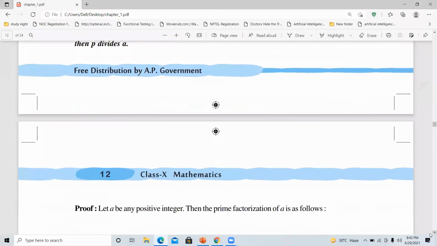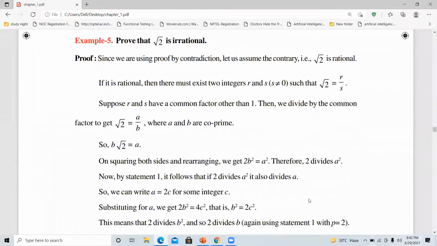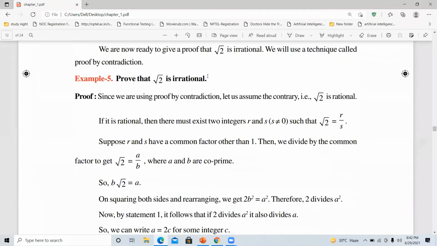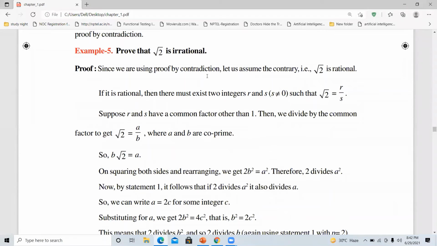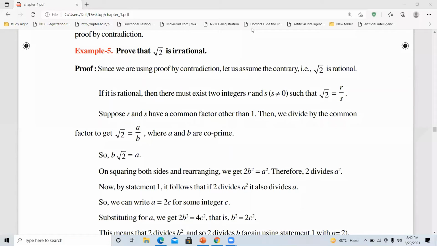Now, I am going to explain you an important model in the real numbers. It is nothing but proving root 2 as an irrational number. Here, to prove root 2 as an irrational number, we are using proof by contradiction. Proof by contradiction means nothing but using the opposite, assuming the given statement oppositely.